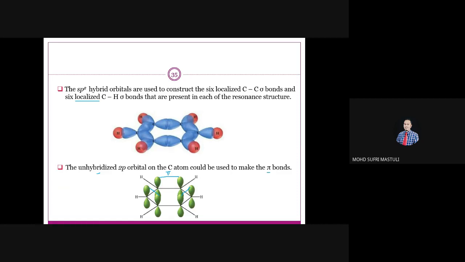It is not necessary for this pi component to be shared with the right-hand side pi, but this pi can also form here. Okay, this one with this one, or this one with this one, this one with this one. This is why the pi component can move around the atoms, or spread over the atoms.